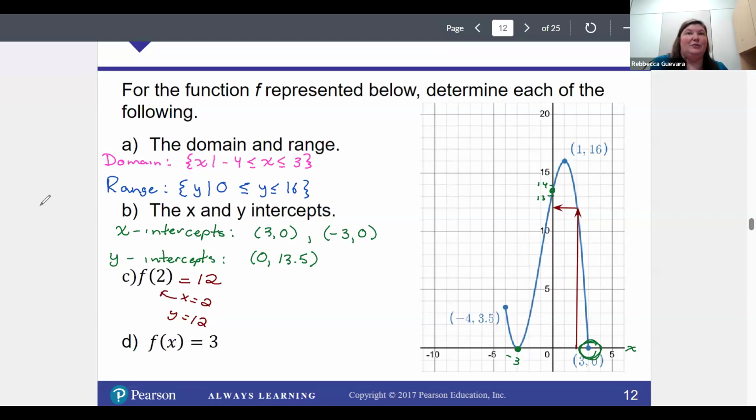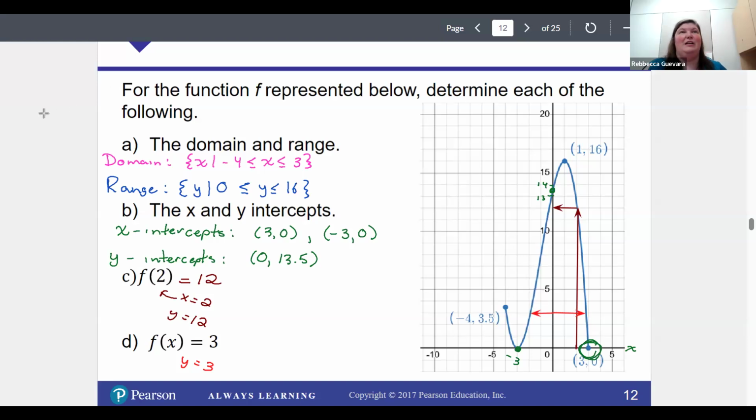And then our very last one, we use bright red for this one. We're looking for x when y is 3. Over here, we know that y is 3. We need to figure out what x is. When y is 3, that is 1, 2 here. This is okay. I can't duplicate x's, I can duplicate y's.